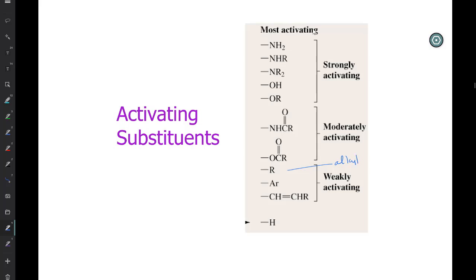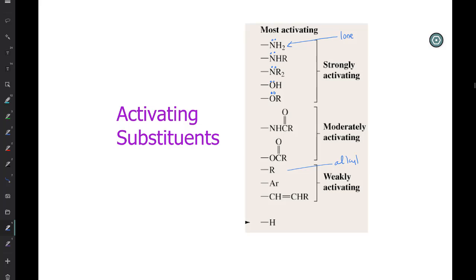And for the most strongly activating, we have, like, amino groups, but all these have in common that there's a lone pair on the substituent. Now, nitrogen is not as electronegative as oxygen is, and as a result, nitrogen is a more strongly activating substituent, and oxygen is slightly less strongly activating.